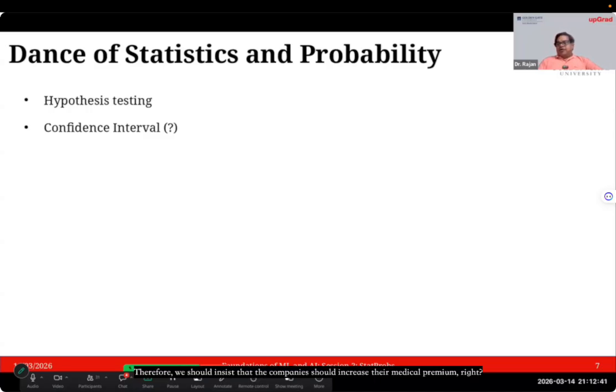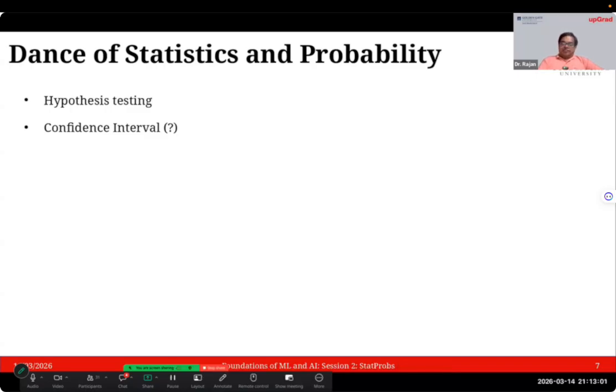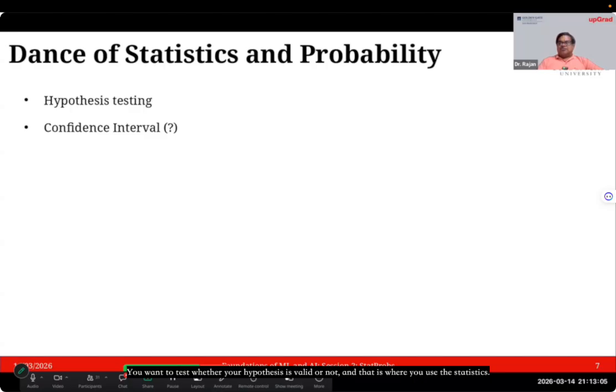Therefore, we should insist that companies increase their medical premium. I'm just thinking about something. So you want to make some decision based upon this hypothesis, and you want to test whether your hypothesis is valid or not.